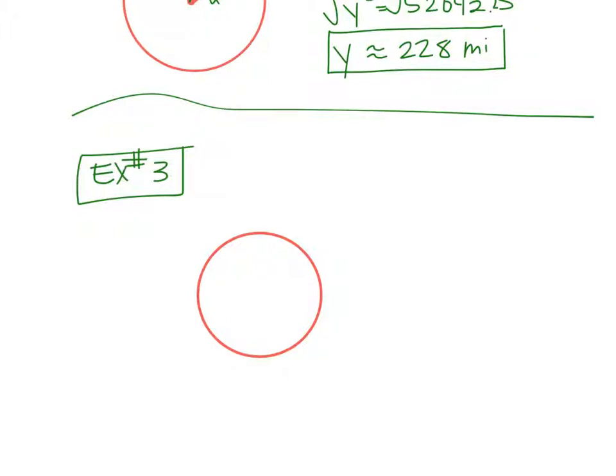And a tangent line. So we're going to do a line here. A line here.